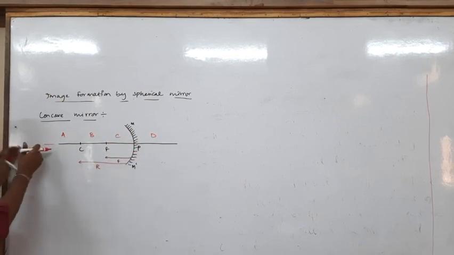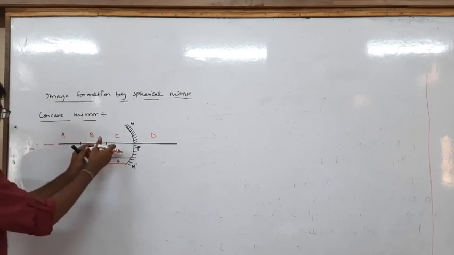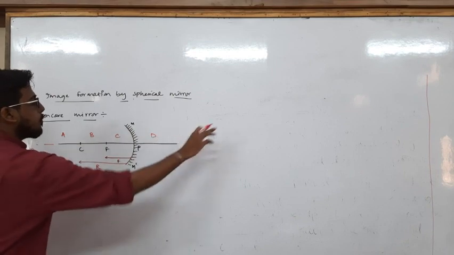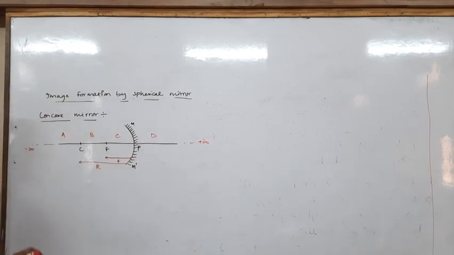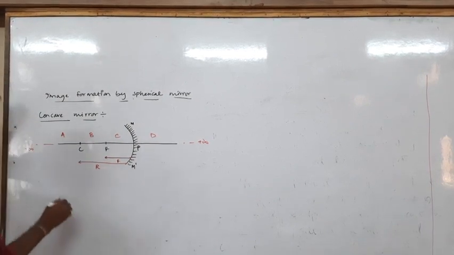A is from minus infinity up to the center of curvature, B is between the center of curvature and the focus, C is between the focus and the pole, and then from the pole to plus infinity is region D. Clear? During image formation you have to remember certain points.